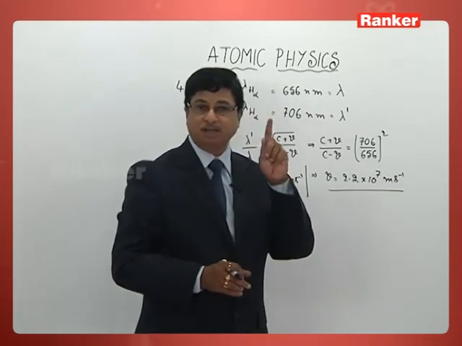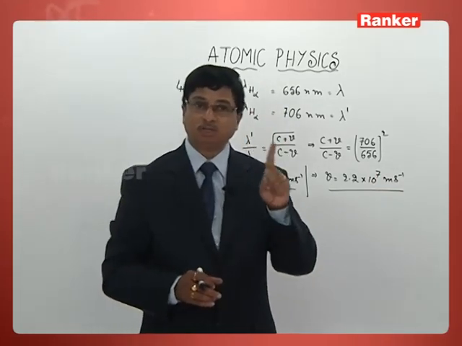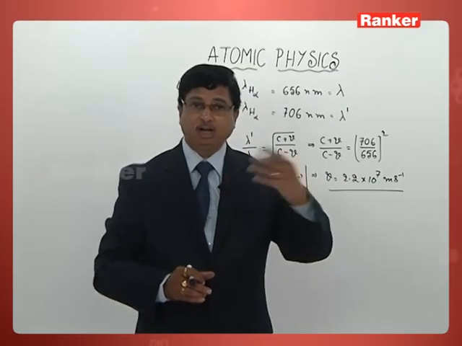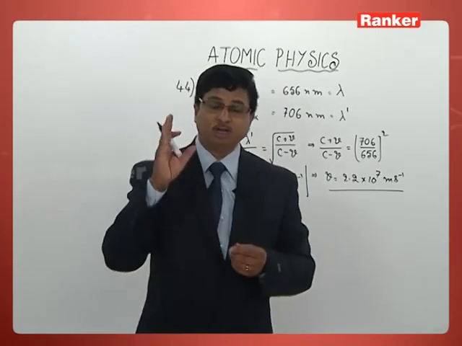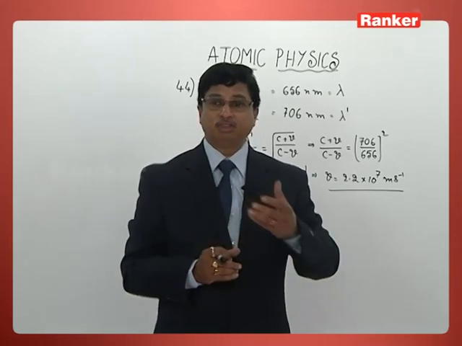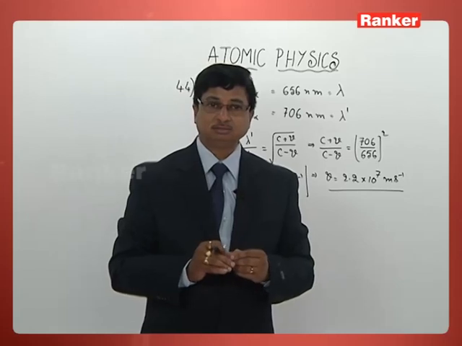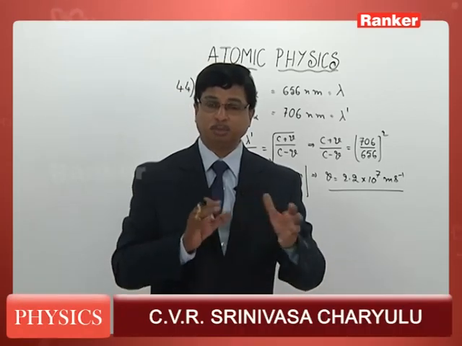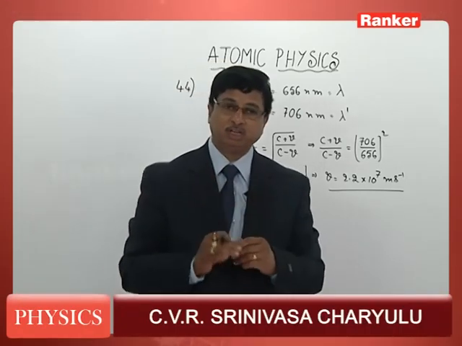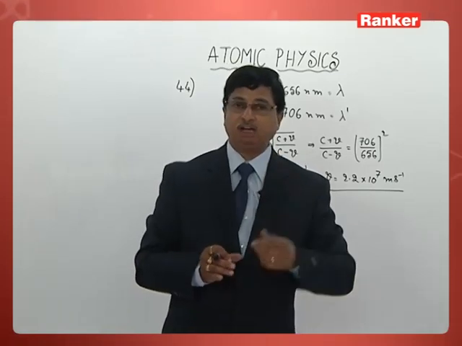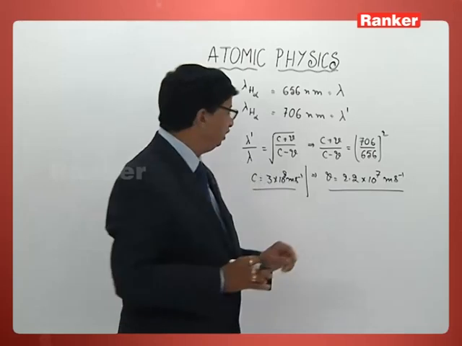So that particular galaxy he is talking about in this problem certainly has a greater velocity. It's 2.2 into 10 power 7 meter per second. With that velocity, that particular galaxy is approaching. That is actually the concept you just have to understand. It's moving with that much velocity. So the correct option tallies with the second option given there.